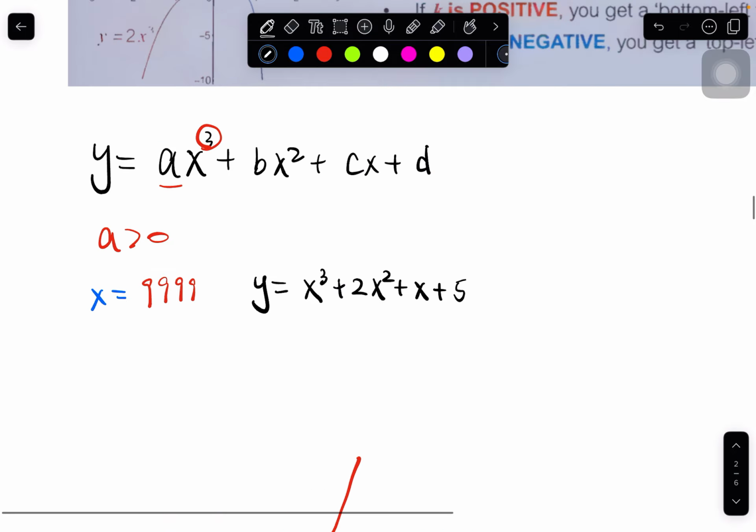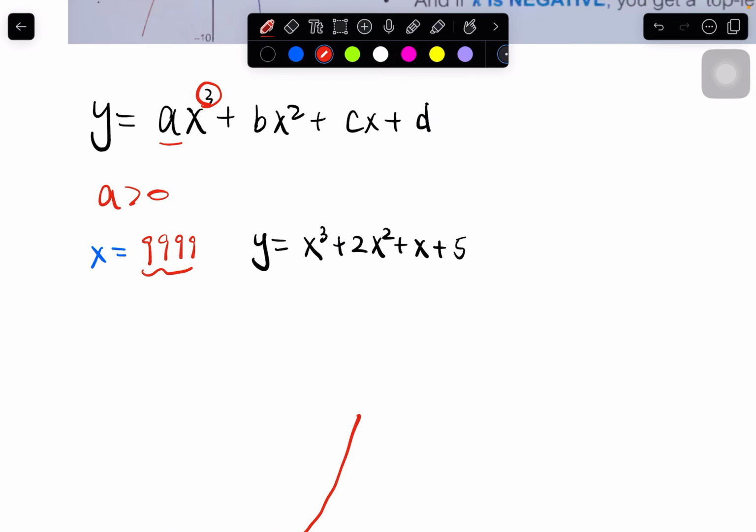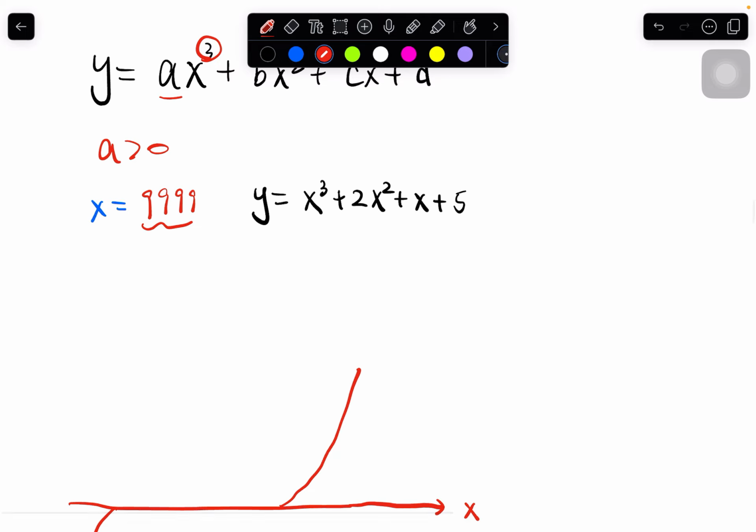So when x is a very big number, let's say 9,999, we evaluate this function: y equals 9,999 to the power 3 plus 2 times this number squared plus this number plus 5.